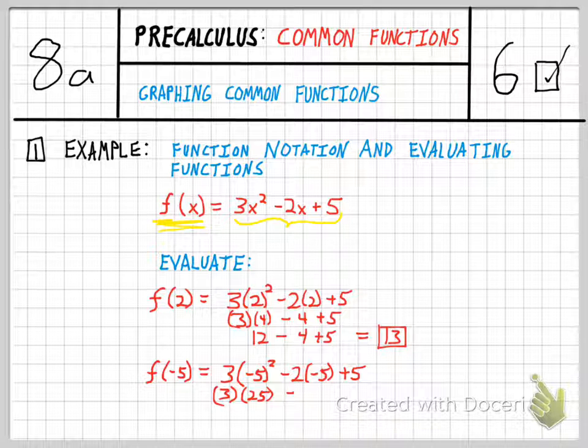And then I'm going to subtract 2 times negative 5, which is really going to be adding 10, right? Double negative there. And then plus 5. So this would be 75 plus 10 plus 5, and the value of the function f evaluated at negative 5 is going to be 90.